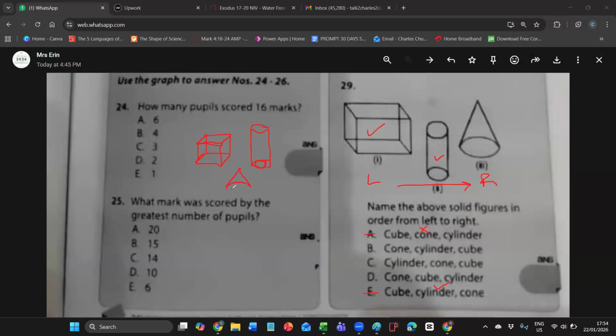A circle at the bottom like that, and you're done. Okay. So write their names under them. Cube, cylinder, cone.